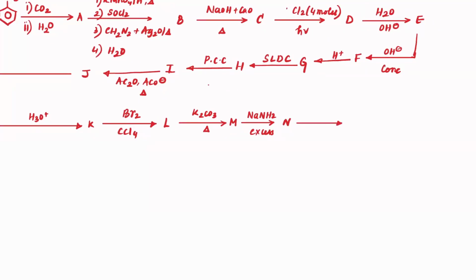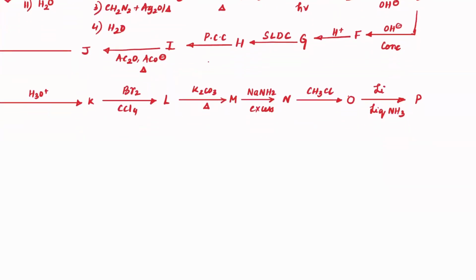And N, when you react with CH3Cl, sorry, N and CH3Cl gives O. O, when you react with lithium in liquid ammonia, we'll get this as P. Got it?